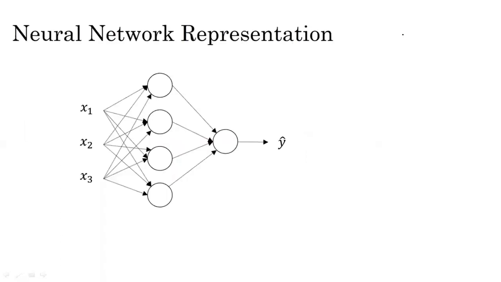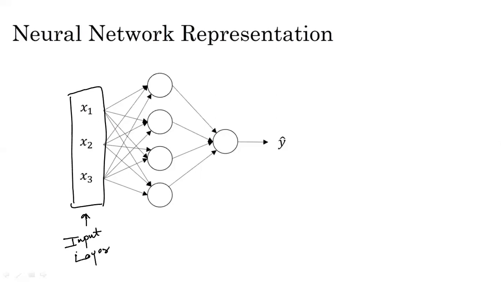So this is a very simple neural network that we have often seen in the previous video lectures also. What are the three parts of this neural network?